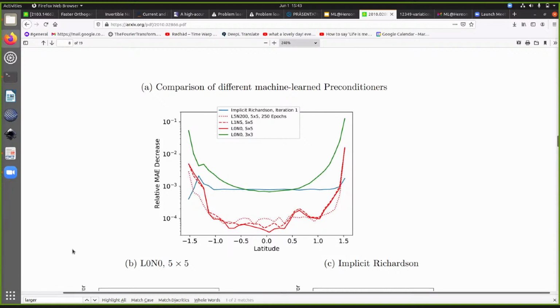Maybe one more general question. First of all, I find this whole approach extremely interesting, and I think the idea is really nice to combine this classical implicit scheme approach with the neural network with the goal to speed things up.